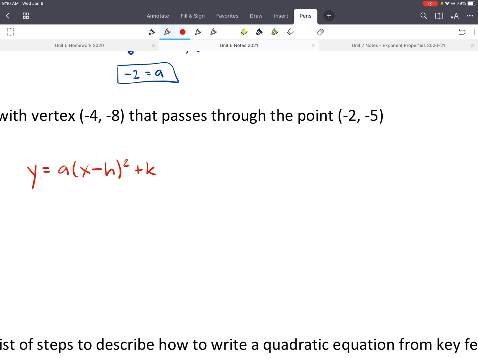Again, I'm going to ask you to label your h and your k and your x and your y. We'll plug all that in, so we'll do negative 5 is equal to a, x is negative 2, and then we're going to do minus h, so that's minus a negative 4, that will give us a positive 4, squared, plus k, well that's minus 8.